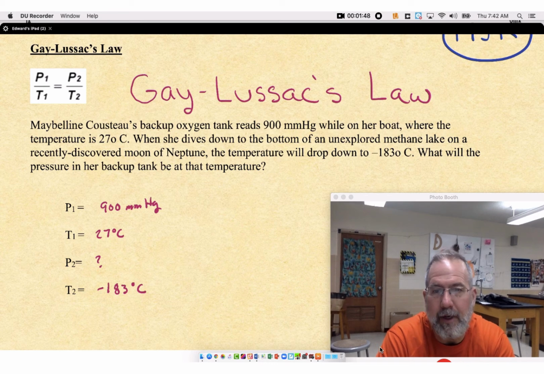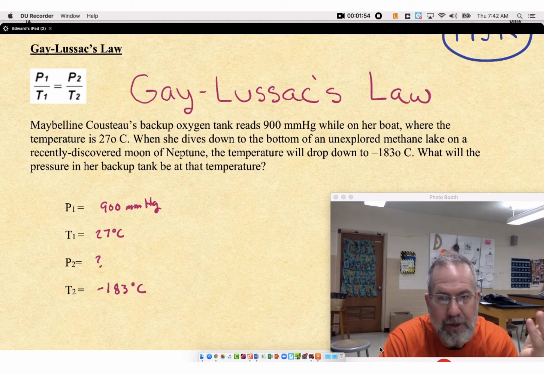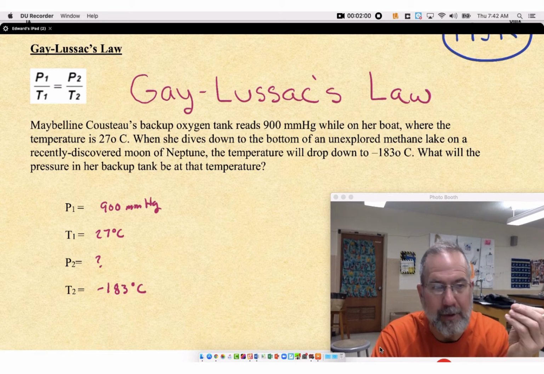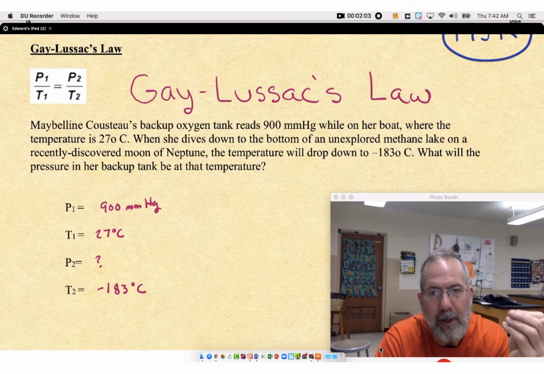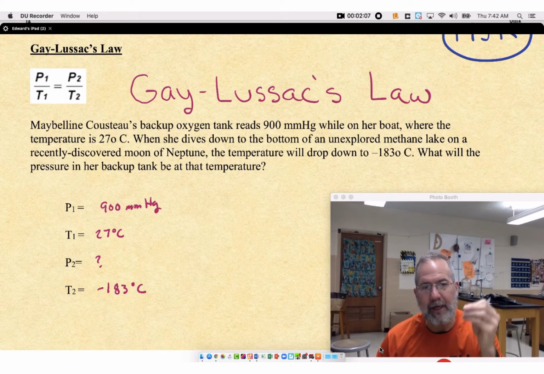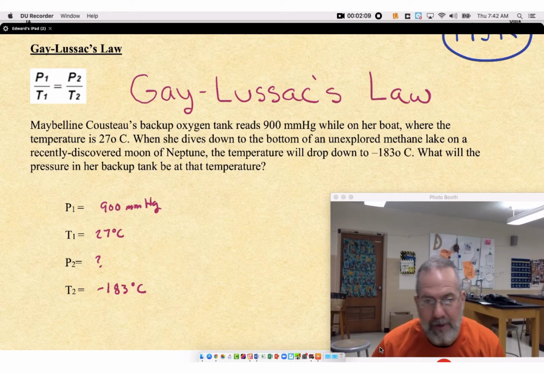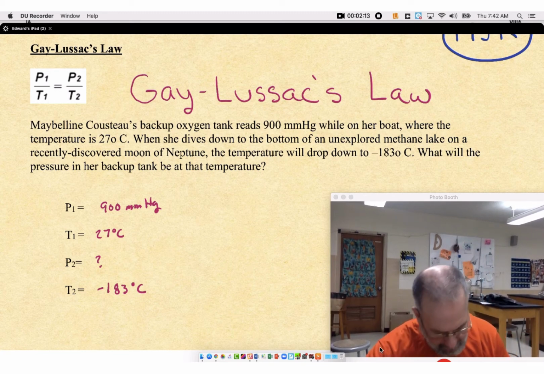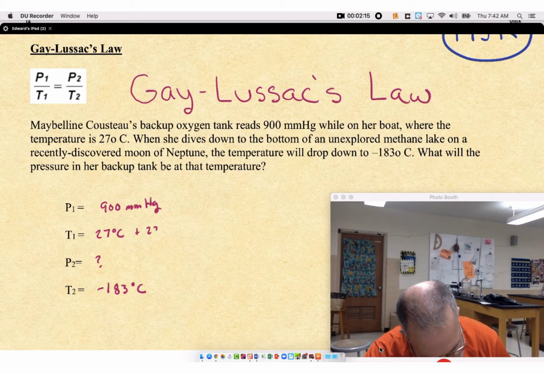We have two things to think about here. Consistency of labels. We have to make sure our labels match. If we had two pressures, we'd have to make sure they're the same label, and convert them if they weren't. In this case, we have two temperatures, and temperature always has to be in kelvins. So we have to convert both temperatures, always convert to K. So 27 plus 273 equals 300.